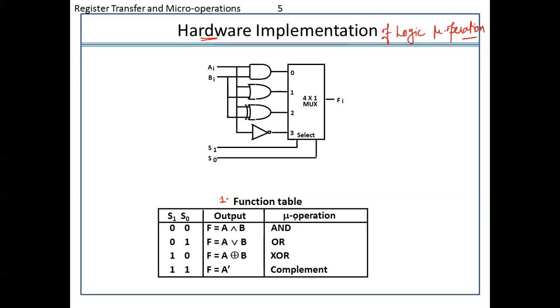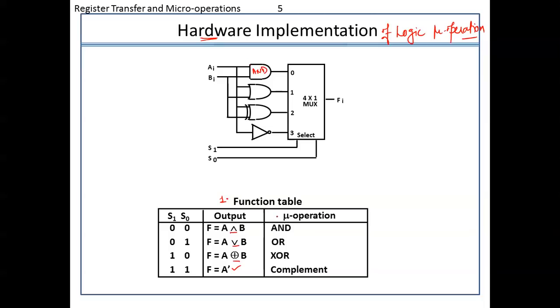As I said earlier, we have only four basic logic micro operations: AND, OR, XOR, and complement. So if we have four operations, I will be using two input values, A and B. For the first I will be applying AND.